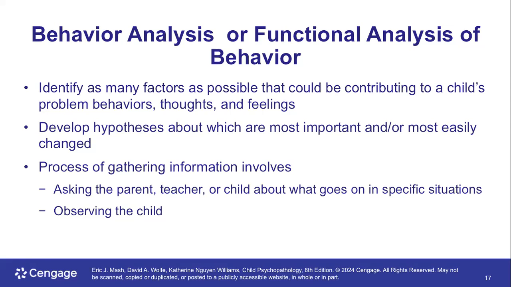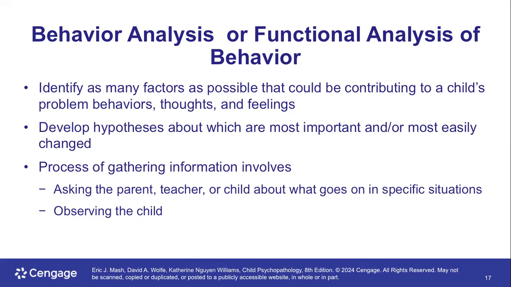So in addition to getting that background information, we do want to observe the child and see what they're doing, because that is in real time what is going on. One of the challenges with observation, though, is that when children know they're being watched, it could affect their behavior in and of itself.